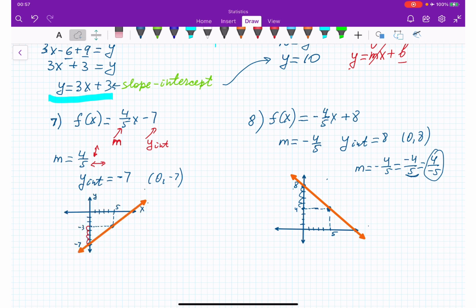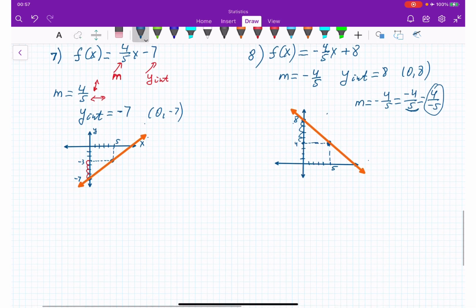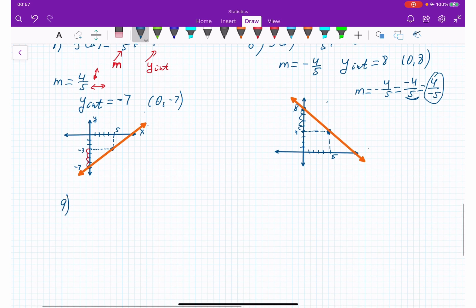Moving to question number 9. So we are given y equals 3 over 7x.